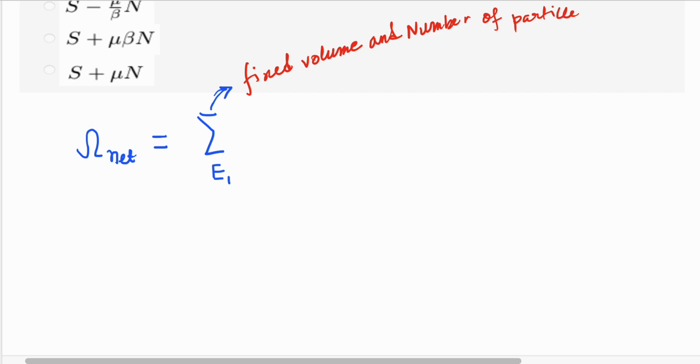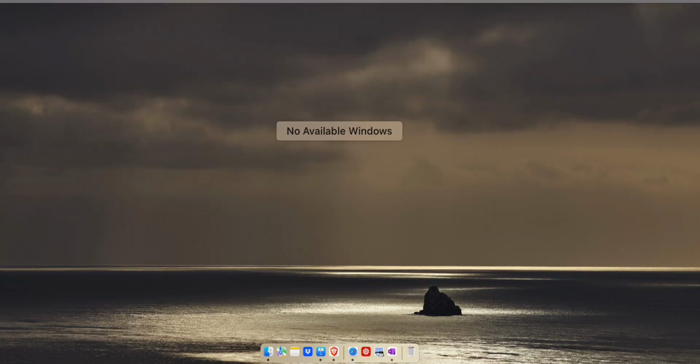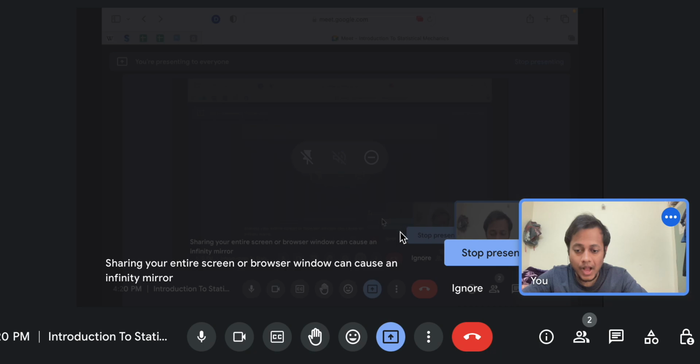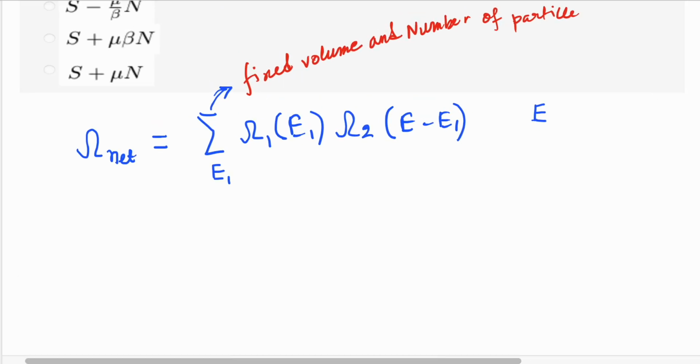So this will be omega 1 as a function of U1, times omega 2 of the total energy minus U1. The total energy of the system remains conserved, so the energy of the reservoir plus the energy of the system is constant. That's why I write the reservoir's term as omega 2 of E minus E1.